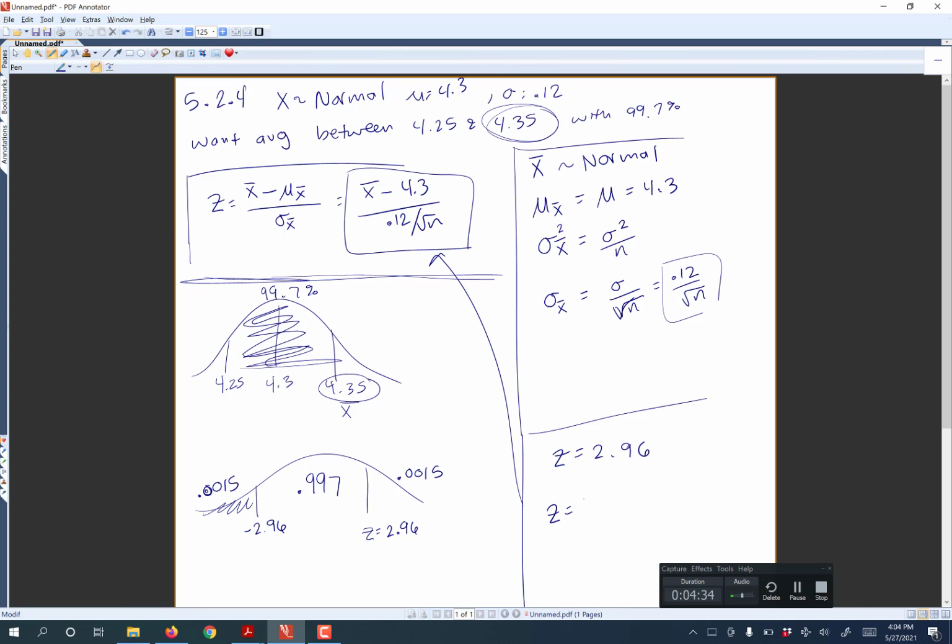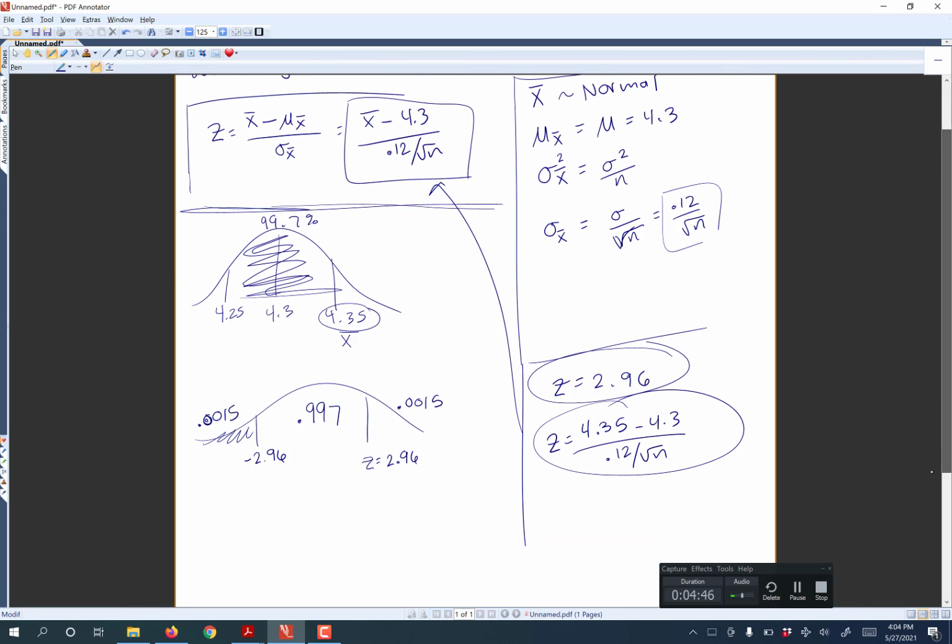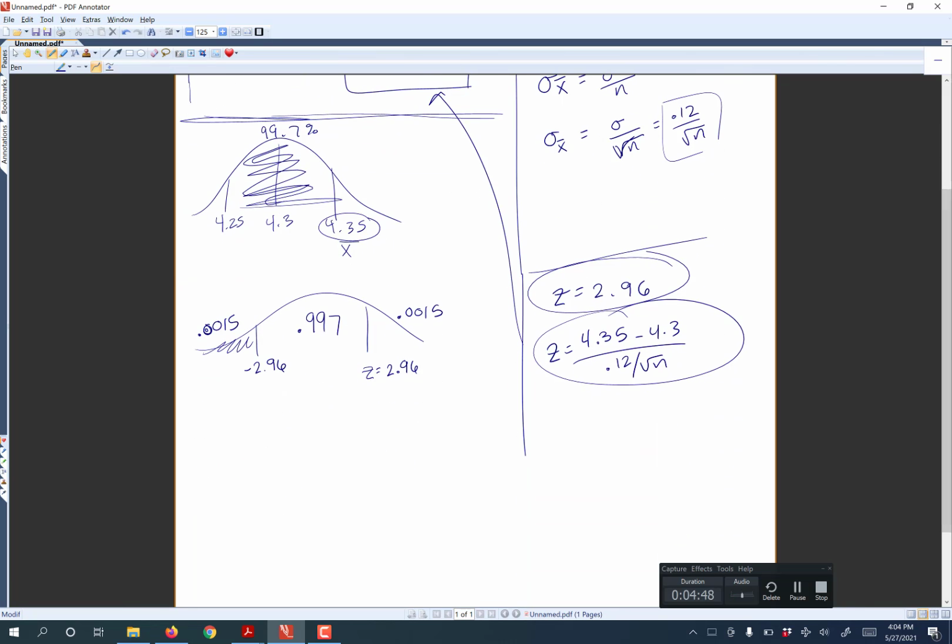It's going to be x bar, in our case the one we're interested in is 4.35, minus the 4.3 over 0.12 over the square root of n. So we know what z is. We know how we were going to calculate z. So let's just put them equal to each other. So we get 2.96 equals 4.35 minus 4.3 over 0.12 over the square root of n.